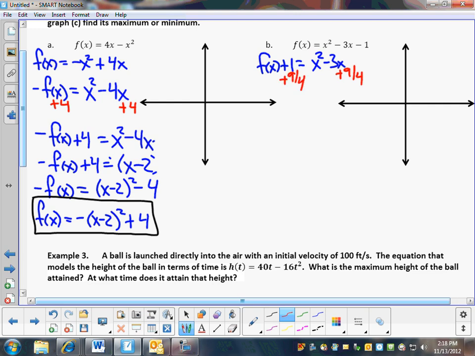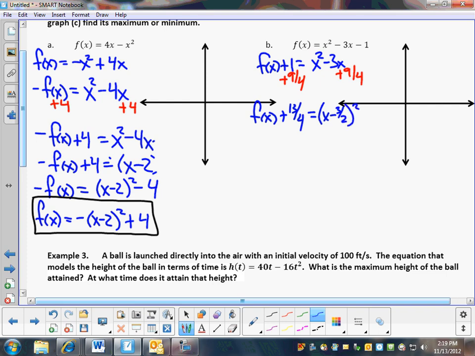9/4. And I get f of x is, let's see, 1 is 4/4 plus 9/4 is 13/4. Equals, and what does x squared minus 3x plus 9/4 factor down to? X minus 3/2. Very good.